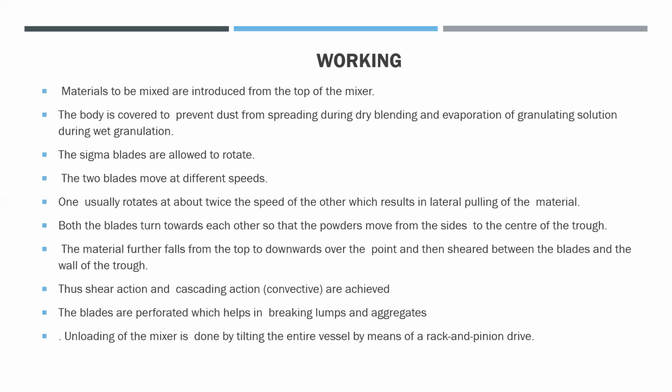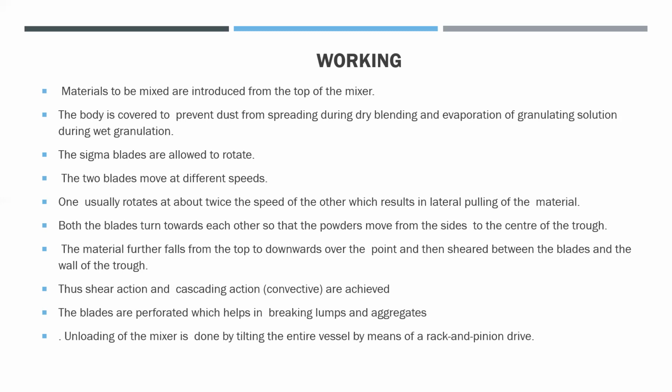The ratio of the speeds will be 1:2. One blade will rotate twice as fast as the other, which results in a lateral pulling of the material.